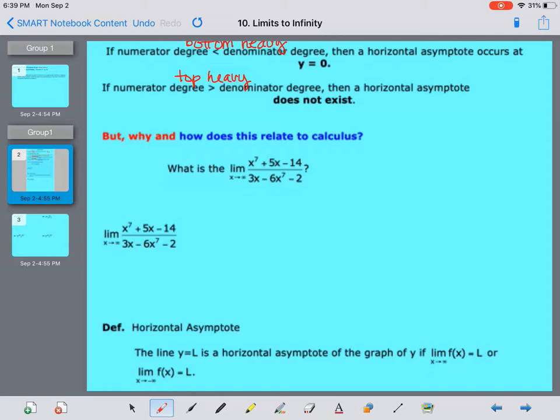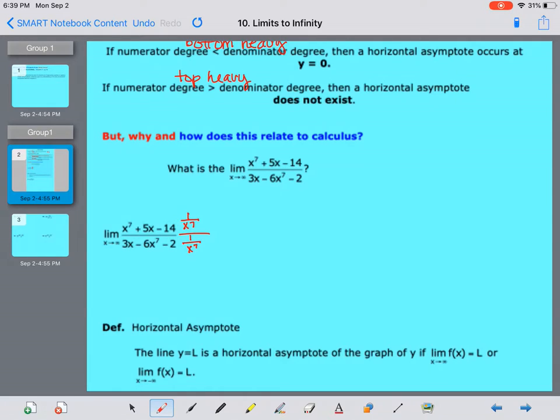If I can divide out that x to the 7th and deal with just what I need to look at, I can algebraically manipulate that. What I'm going to do is multiply the top by 1 over x to the 7th, and do the same thing to the bottom.